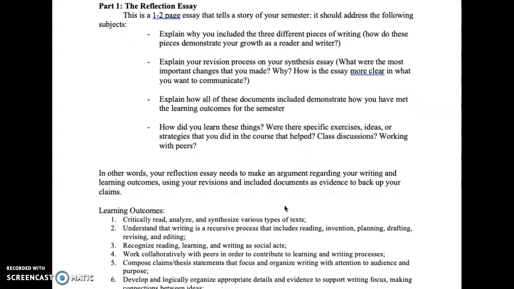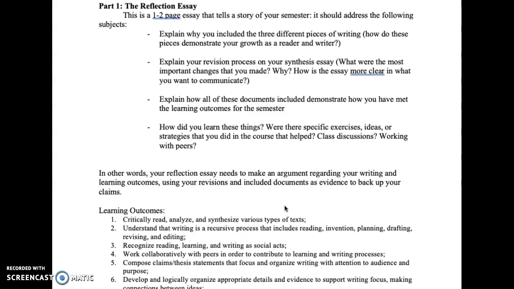So the first part is your reflection essay. This is a 1 to 2 page essay and it's going to tell a story of your semester. These are the following 4 things that your reflection essay should address. You should explain why you included the 3 different pieces of writing. In other words, answer the question of how do these pieces demonstrate your growth as a reader and a writer?